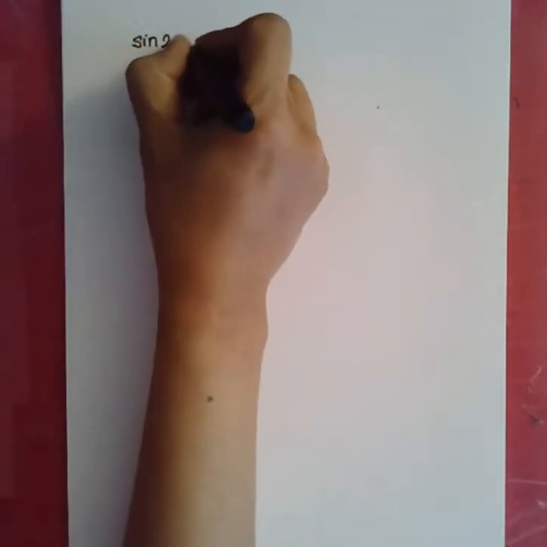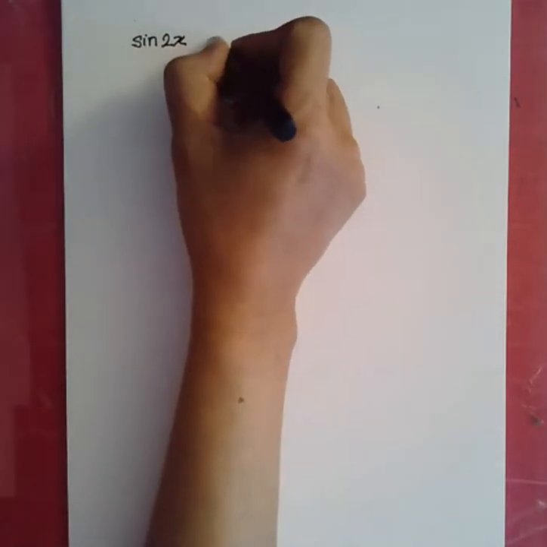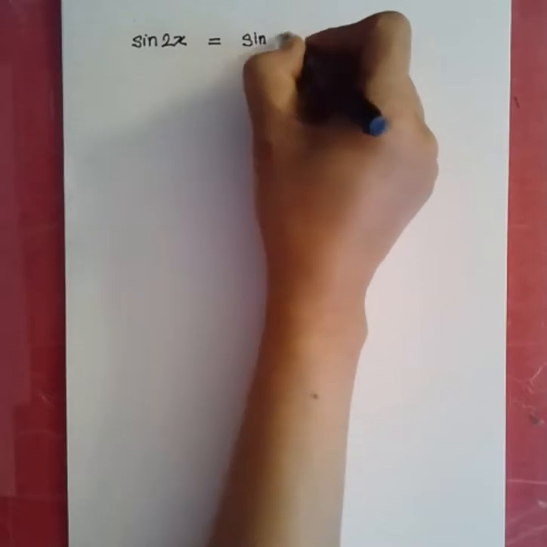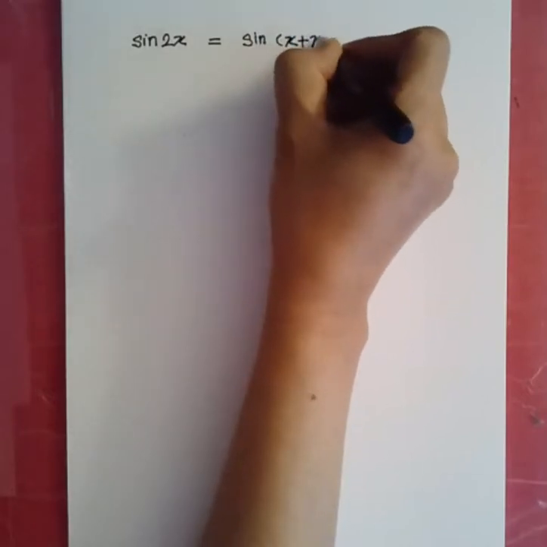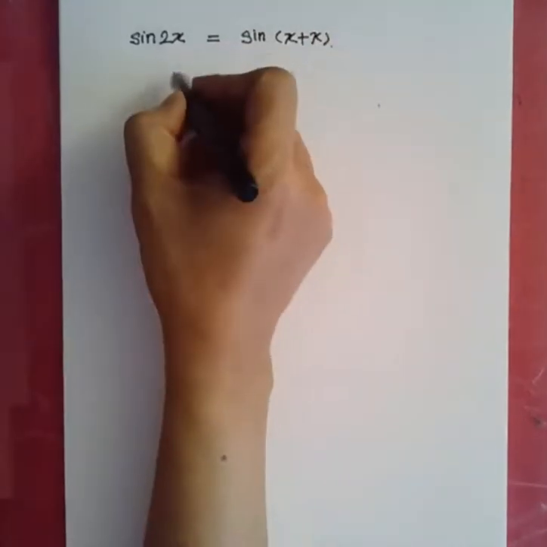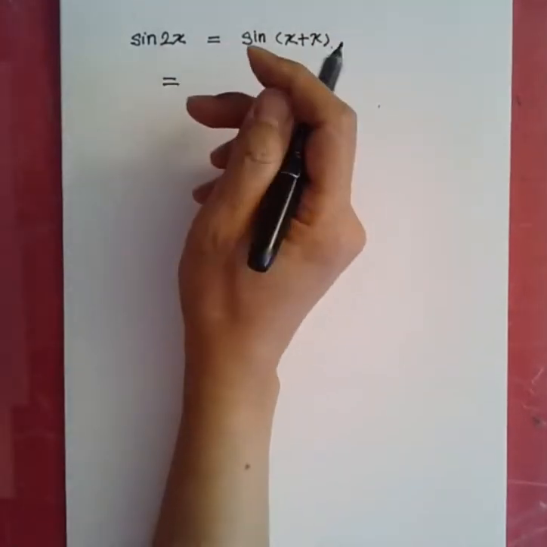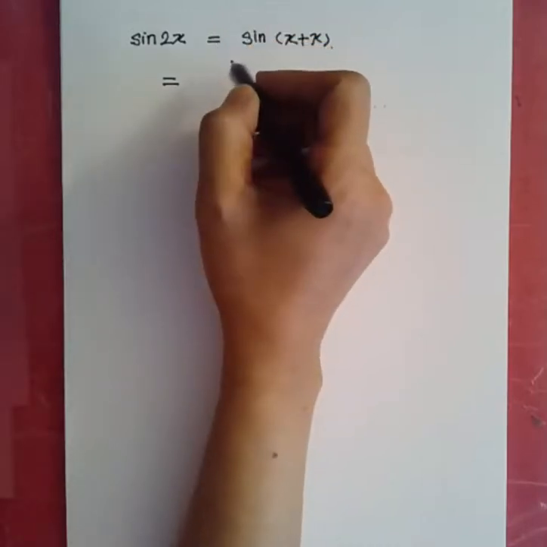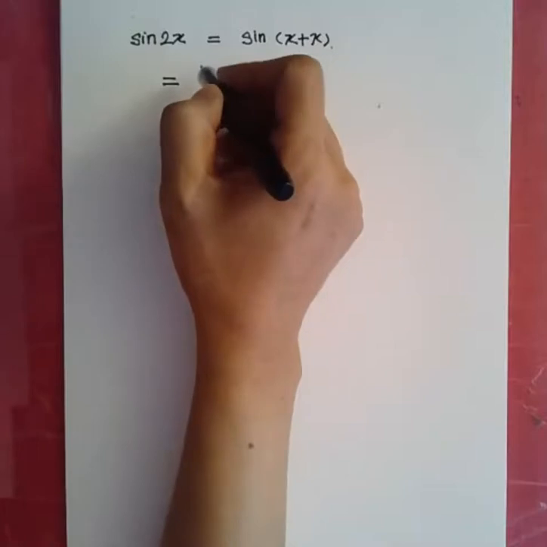Sine of 2x can be written as sine of x plus x. To derive the formula for sine of 2x, we just use the sum formula for the sine function.